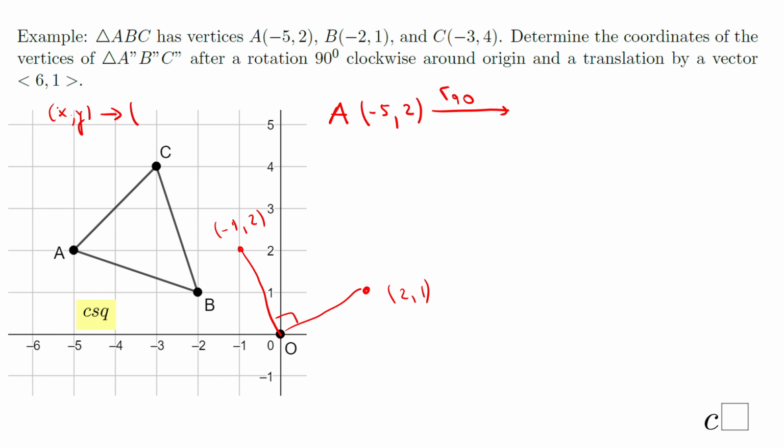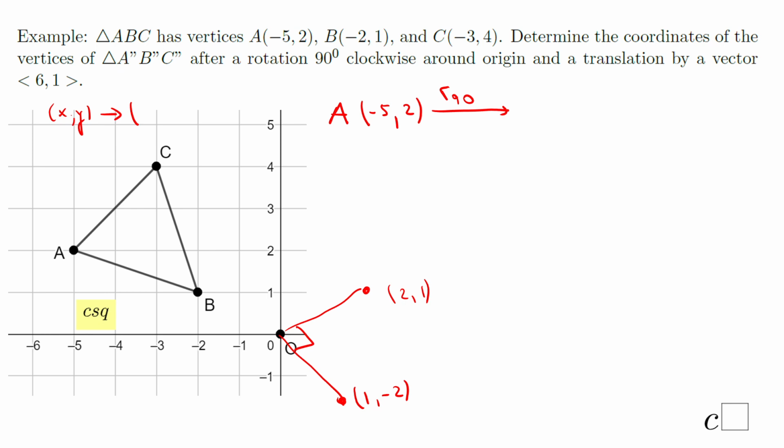Oh, and by the way, this is clockwise and I did it counterclockwise, so this is wrong. So where is that point is going to be? If we rotate, that will be somewhere here. Okay, something like this. Use some graph paper if needed, and that will be 1 and -2.